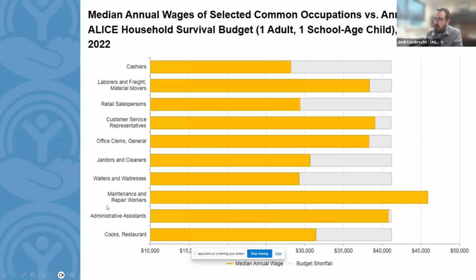Things like maintenance and repair workers, administrative assistants are pathways closer to being able to fulfill those ALICE needs. But a lot of the jobs out there are making $20 or less an hour for the work that they're doing.